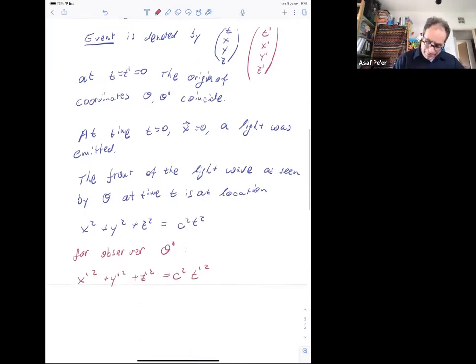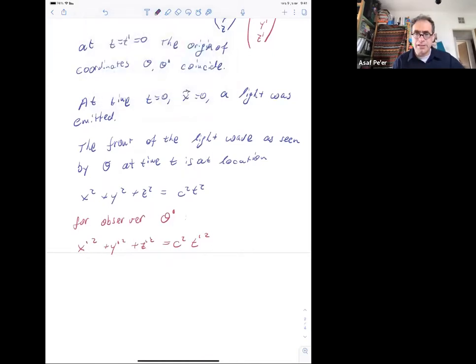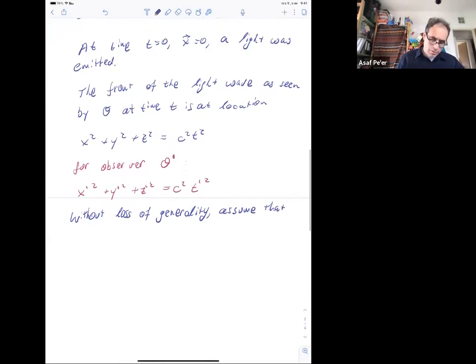Generally, X prime is not the same as X, but Y prime is the same as Y, and Z prime is the same as Z. So, without loss of generality, assume that O prime moves with respect to O in the X direction.